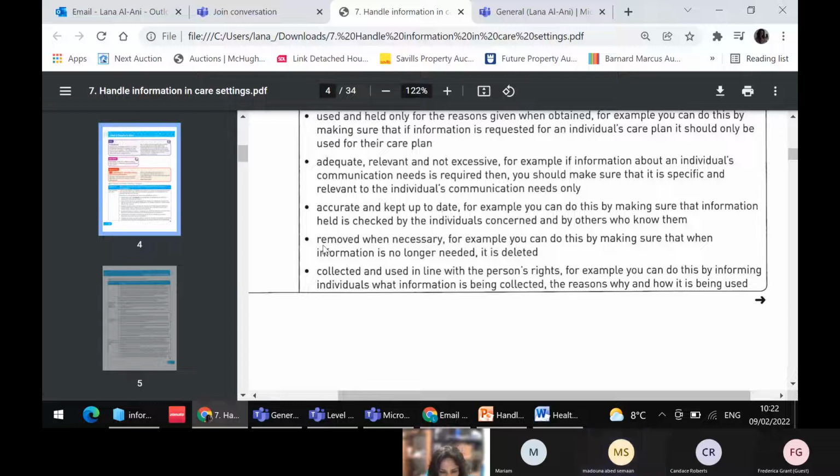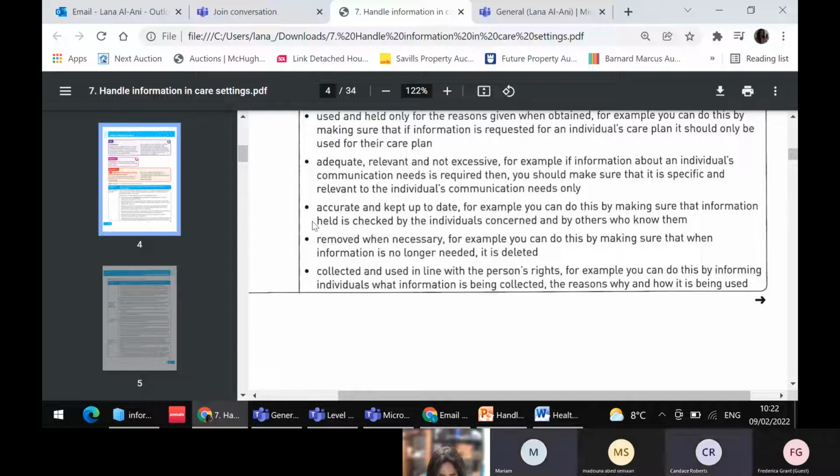And removed when necessary. If you don't need this information anymore, you just remove it from the system, in case this person has moved to another city or another care home. Then you don't need to store their information.